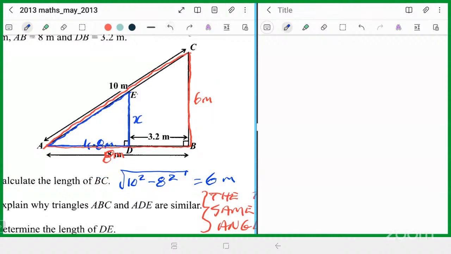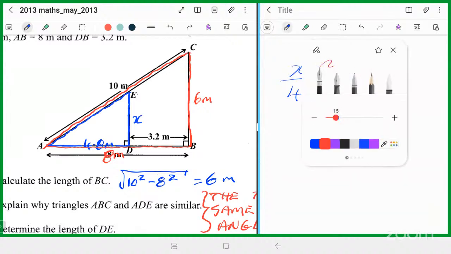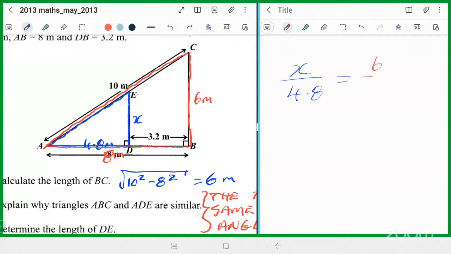So we can say x over 4.8 is equal to, I drew for the red, 6 over 8.